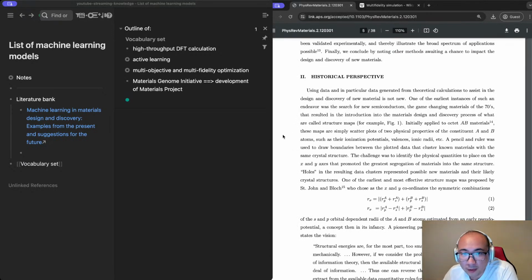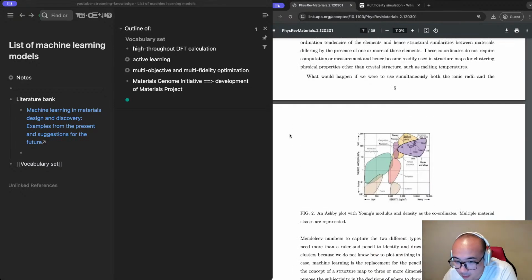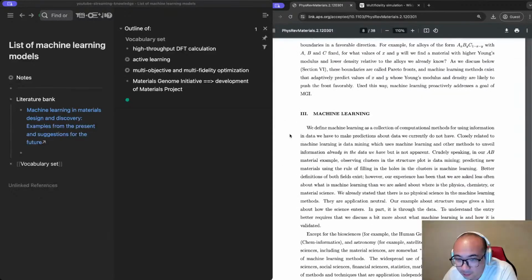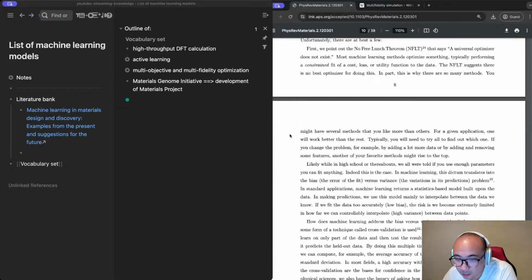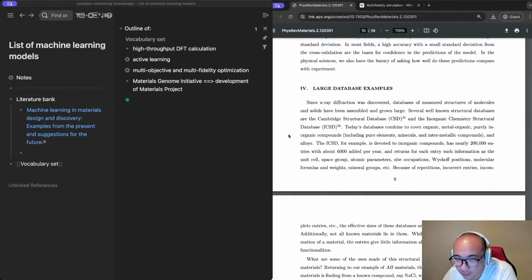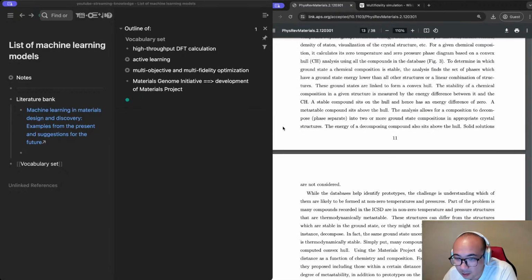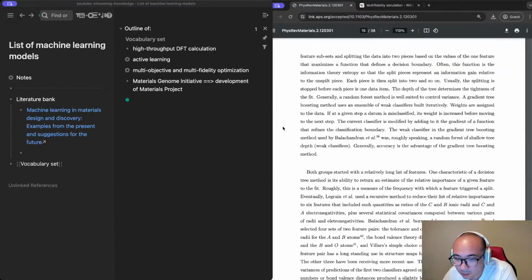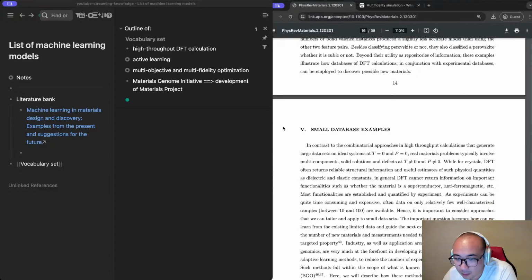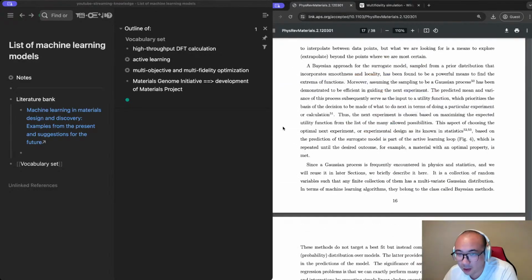I mean, but let's just take a look at the things. Machine learning, large databases. Yeah. Small database examples. Okay.